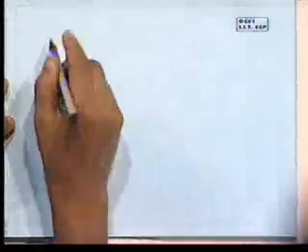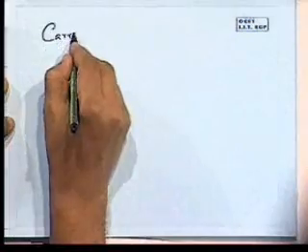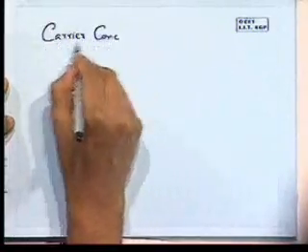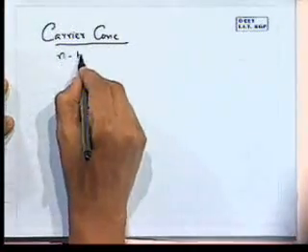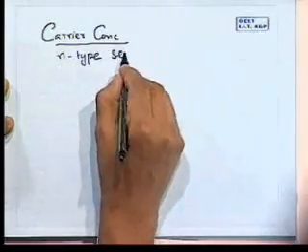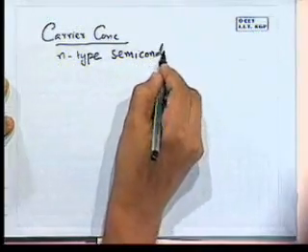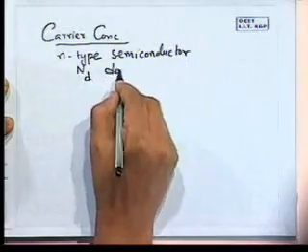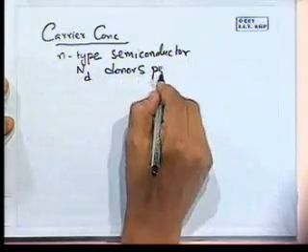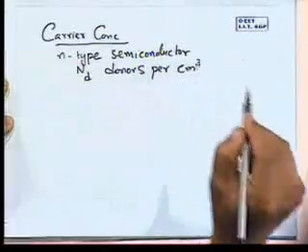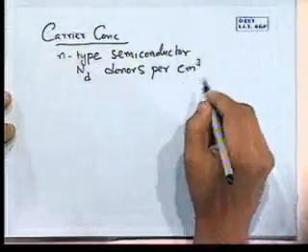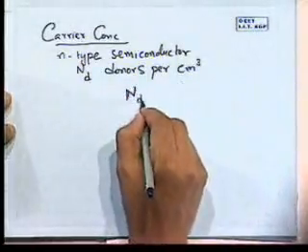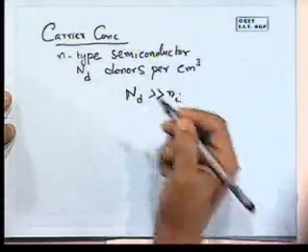So let's begin with carrier concentration. We'll consider an n-type material, which has been doped with Nd donors per centimeter cube. And we have doped it enough, as we said earlier, such that Nd is much greater than ni.